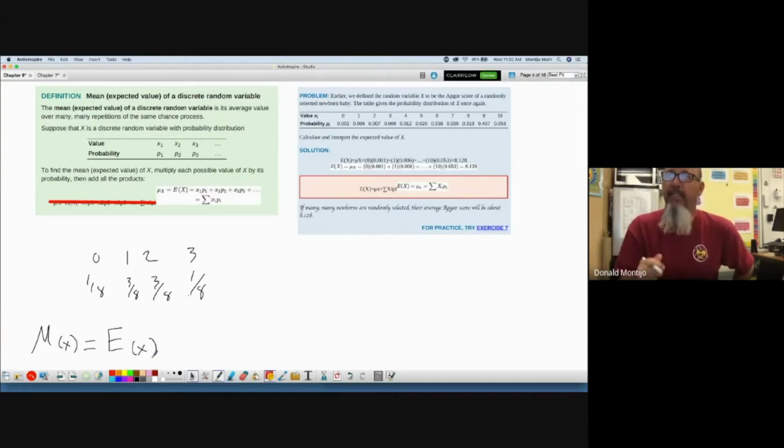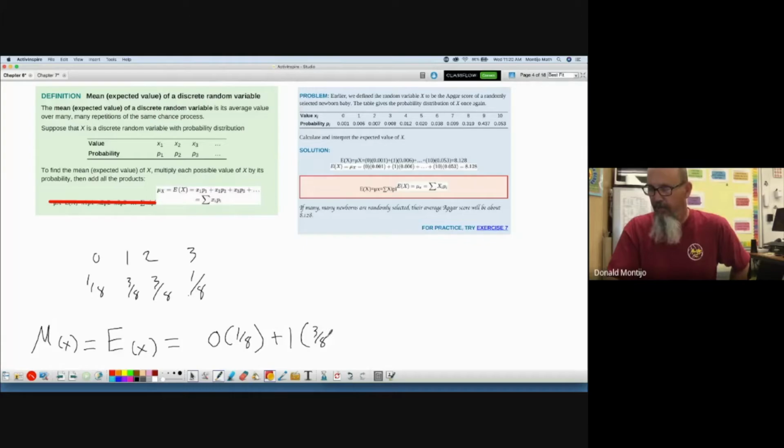The mean means expected. So I take each individual value, 0, times its probability, 1/8, plus 1, times its probability of 3/8 plus 2 times its probability of 3/8 plus 3 times its probability of 1/8.